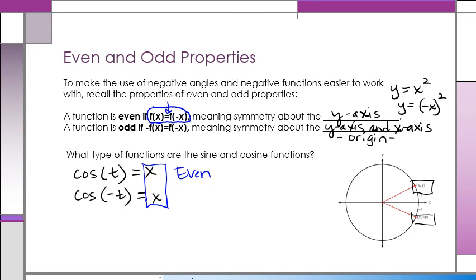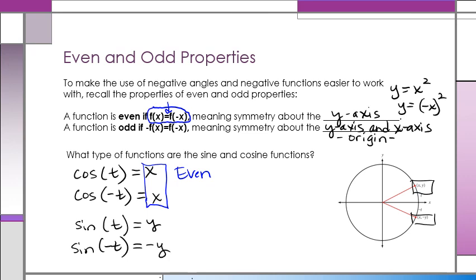And how about the sine function? Again, pause the video for a moment. I'm going to do the same procedure. I see that the sine of t is equal to my y value. And let's see here, the sine of negative t, what does that equal? The sine of negative t is equal to negative y.